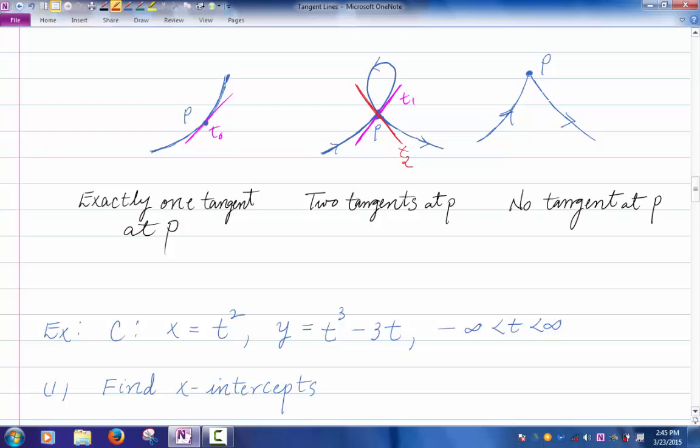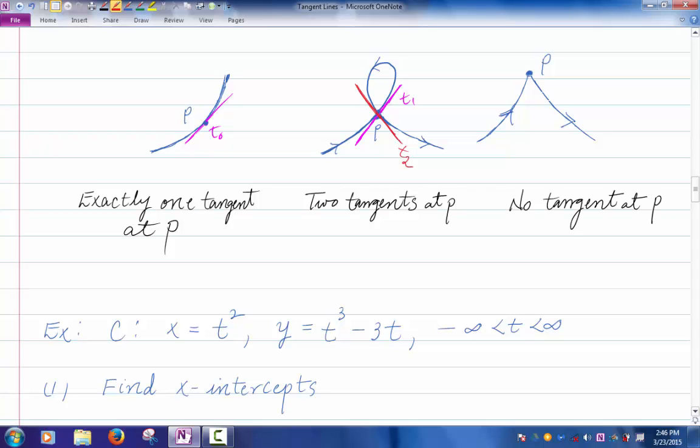The tangents tell you the direction of movement at the point P at the times T1 and T2. Am I making sense? So at time T1, the tangent line is the pink one, and at time T2, the tangent line is the red one. Is this making sense why you might have two tangents?